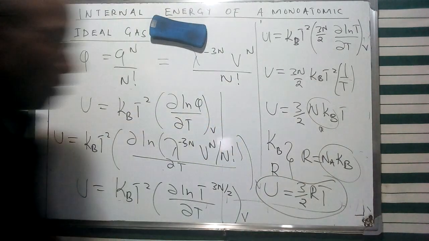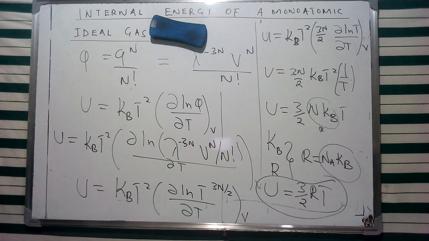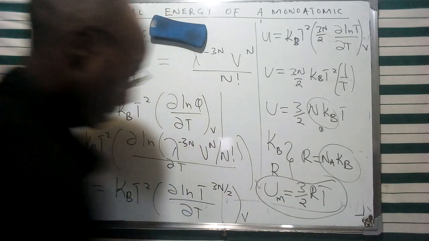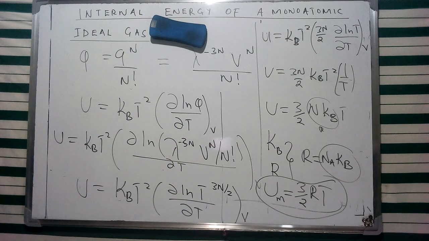So 3 over 2 RT is our molecular translational internal energy, the value of internal energy that we have obtained from evaluating this specific gas.